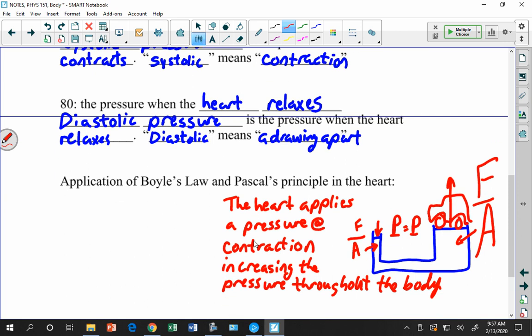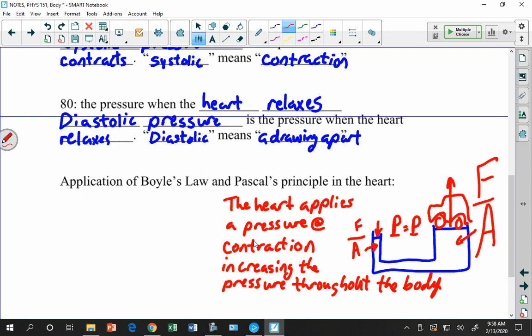Heart contracts. You have this big pressure inside of the heart. And then because blood is a liquid, it is incompressible, that pressure is felt all the way throughout the systemic and the pulmonary circuit. So that's the application of Pascal's principle.